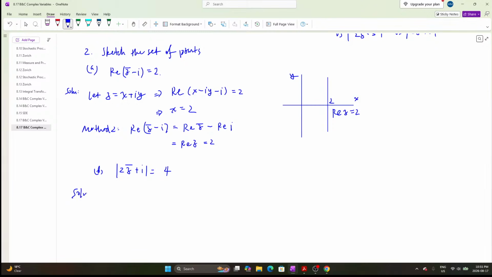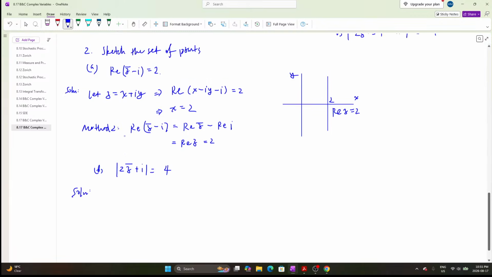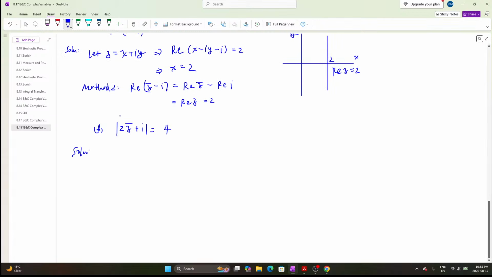The idea is we want to express this as the distance between z and another point on the complex plane equals a constant. That's our goal here. Let's see how we can do that. First of all, unfortunately there's a z bar inside. We wish to get rid of the bar. So let's write 4 equals the modulus of 2z bar plus i.